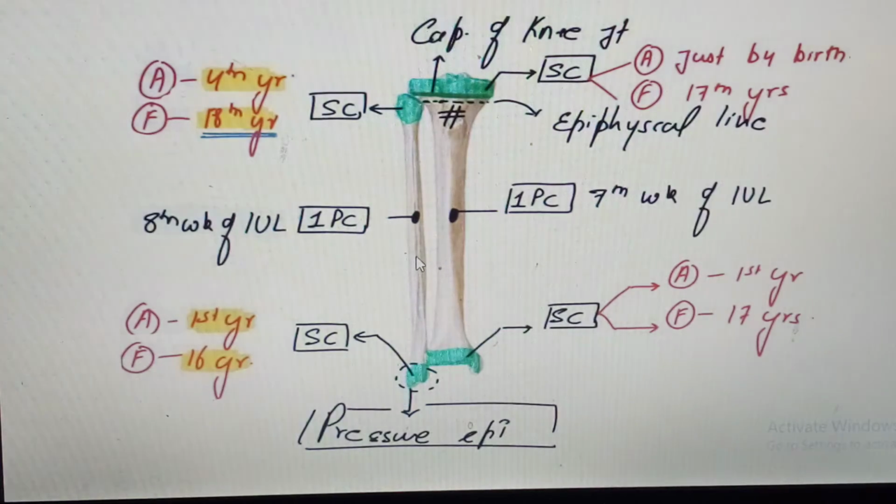Now the principle is that if the nutrient foramen is directed downwards, then the growing end of the bone will be upwards. So that is why this one is the last to fuse, because that's the growing end of the bone. So please get to understand these ones.